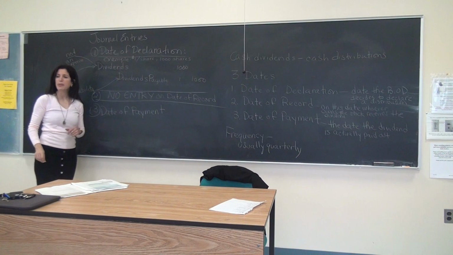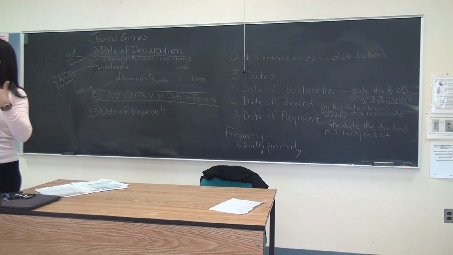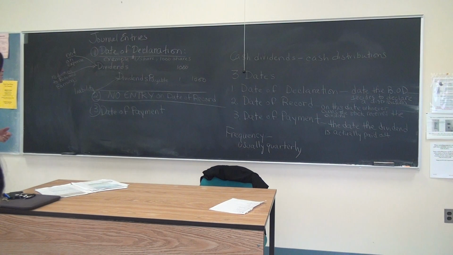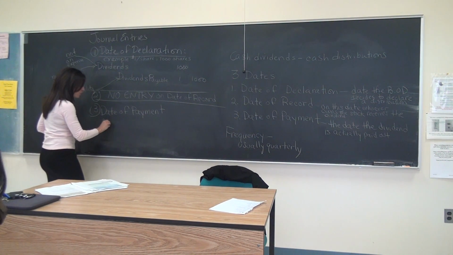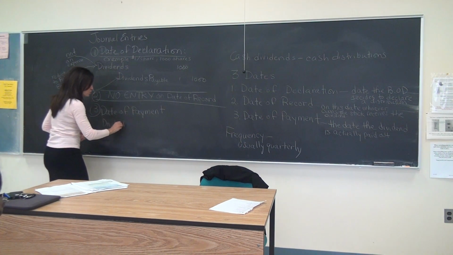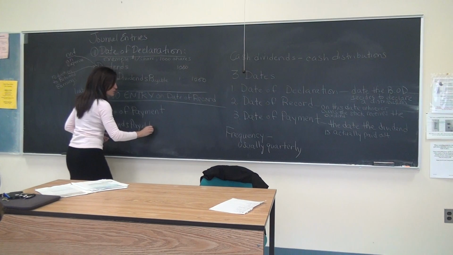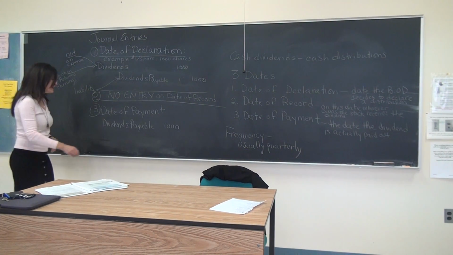On the date of payment, just like with anything else you pay for, you're going to have a reduction to cash. And now that we've paid the dividend, we no longer have a liability. So we debit dividends payable, which reduces a liability, $1,000, and we credit cash.